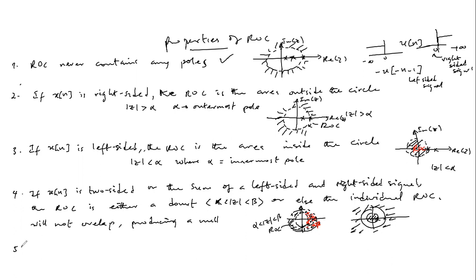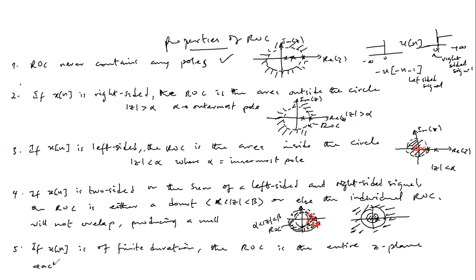Then the fifth point here is if the sequence is of finite duration, then the region of convergence is the entire z-plane, sorry, excluding z equal to 0, minus infinity, and positive infinity.